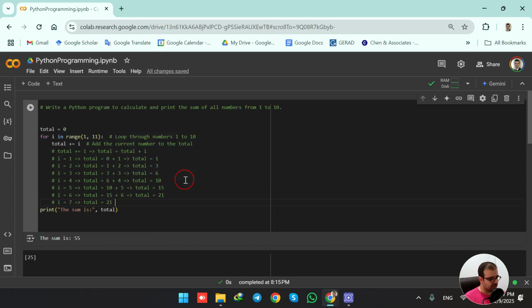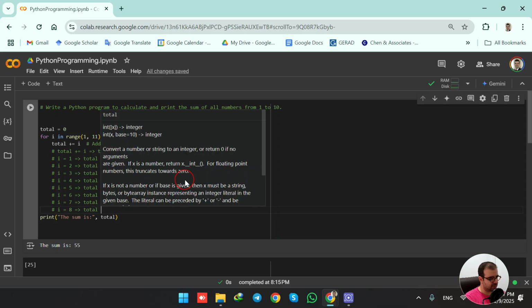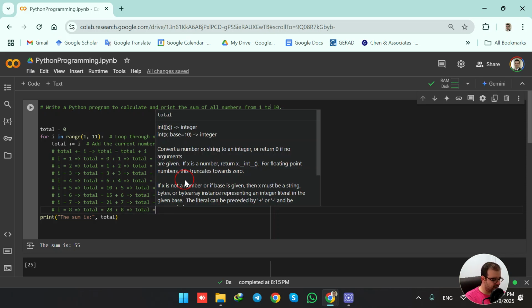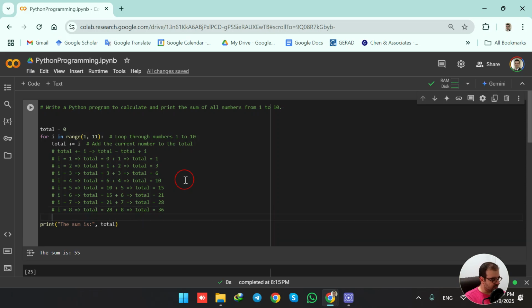Total equals 21 plus 7. Therefore, total equals 28. Then I equals 8. We have total equals 28 plus 8. It equals 36, if I'm not mistaken. Yeah, 28 plus 8 is 36.